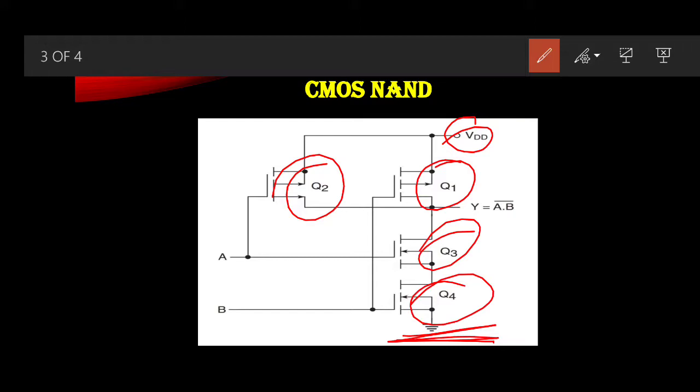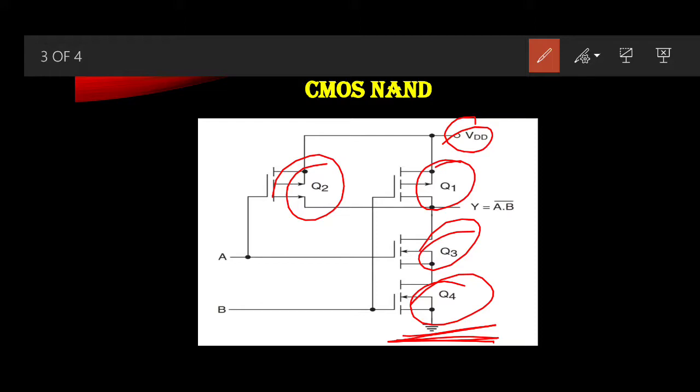So for the output to be the logic 0 state, it is essential that both the series connected N channel devices conduct, and both the parallel connected P channel devices remain in the cutoff state.